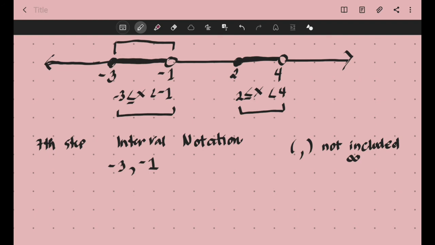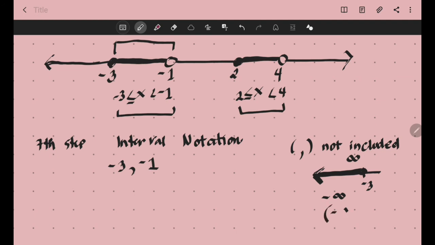So, kailan ba nagkakaroon ng infinity symbol? Kapag ang values ng x mo, let's say for example, this is negative 3, magmumula dito, papunta sa kanyang left side. Dahil may arrowhead ka, papunta siya sa negative infinity. So, kapag negative infinity, you have to use a parenthesis.